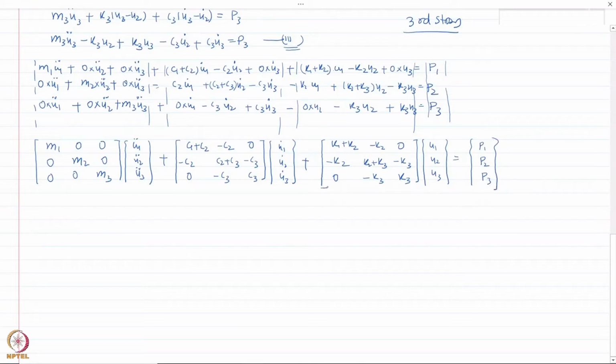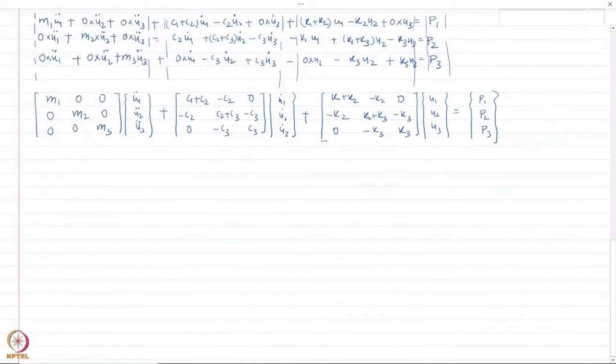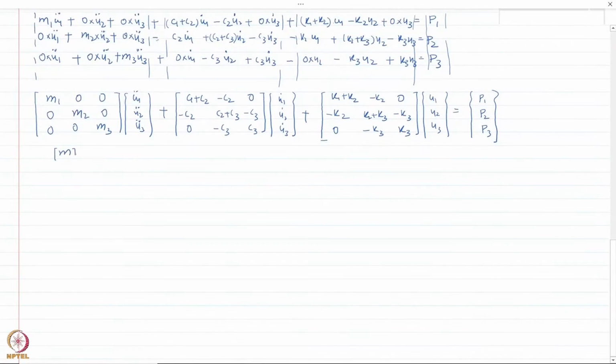If you look carefully, these three sets of simultaneous equations can be written like this. This is the mass matrix for a multi-degree of freedom system, and here it is a 3 degree of freedom system for the 3-story building. This is the acceleration vector plus the damping matrix times the velocity vector, and then the stiffness matrix times the deformation vector, and this is the applied load vector.